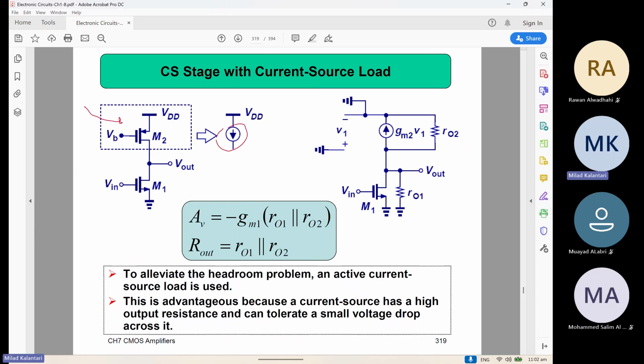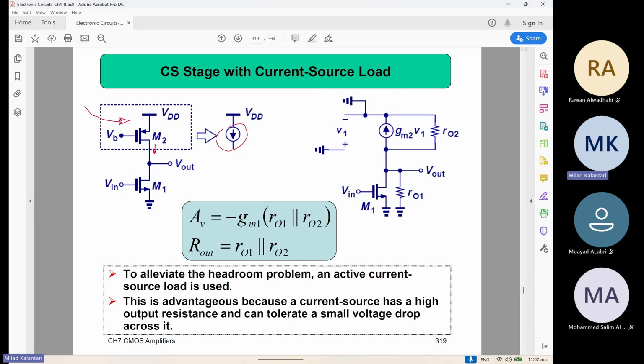If you remember, the device itself is acting like a current source, if biased properly. So here it is showing that they use some PMOS here to make this current source.